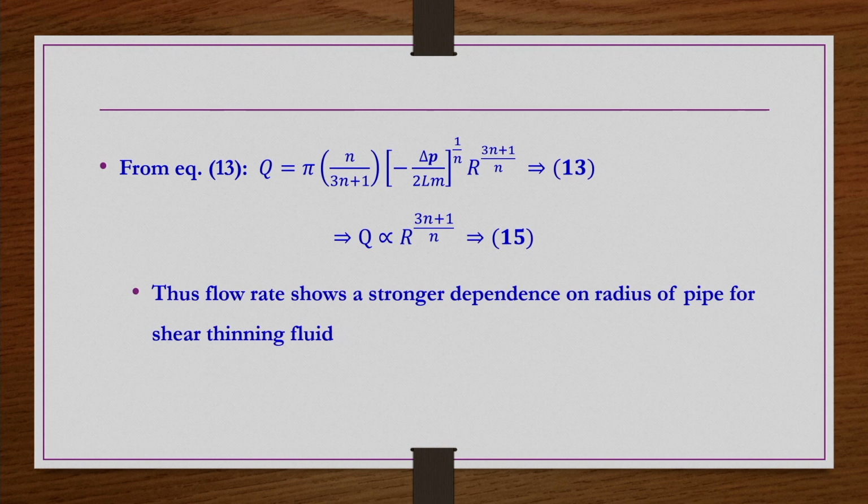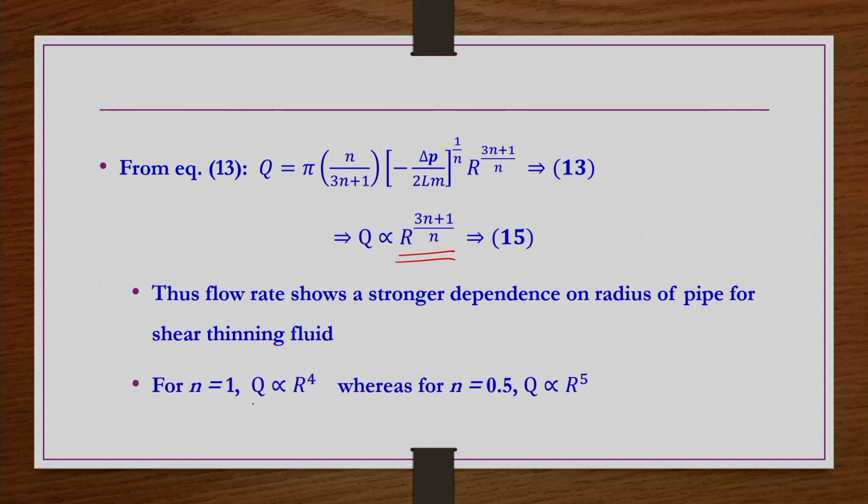That means the flow rate shows a strong dependence on the radius of the pipe for a shear thinning fluid. For a shear thinning fluid, the flow rate shows less dependence on the pressure drop, because for a fixed R value, delta P is proportional to Q power n only. So the flow rate is strongly dependent on the radius of the pipe rather than the pressure drop.